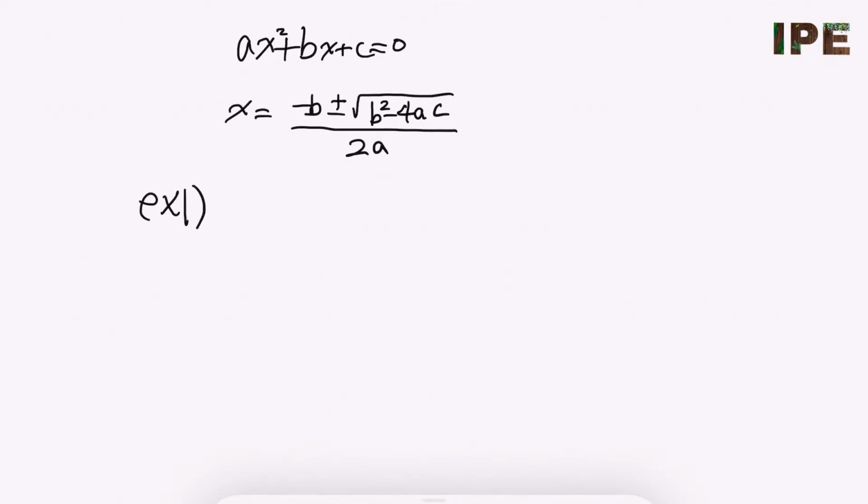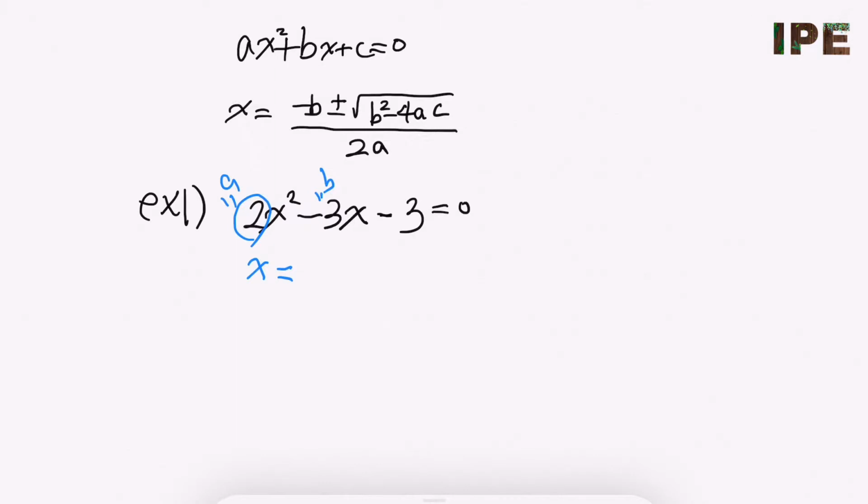First one is very easy one, like 2x squared minus 3x minus 3. It is not factorable, right? It is not factorable. So you can use a quadratic formula. X equals negative b. What is a? What is b? What is c? A is 2.